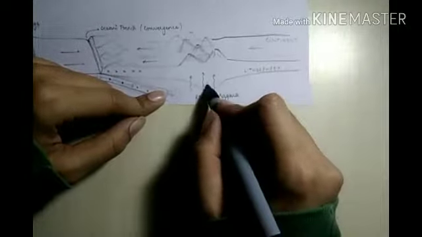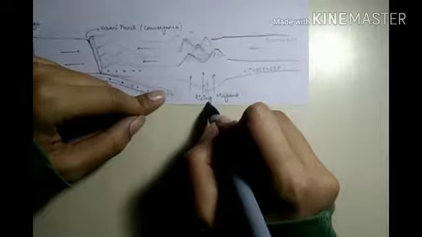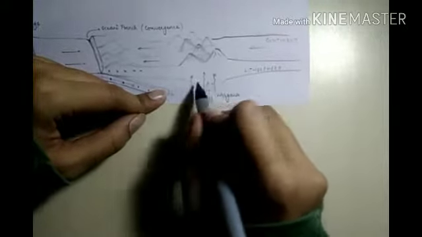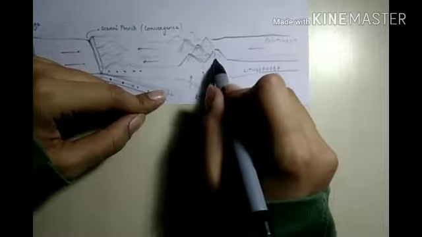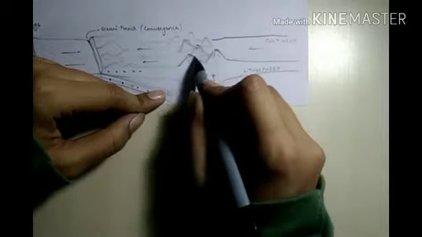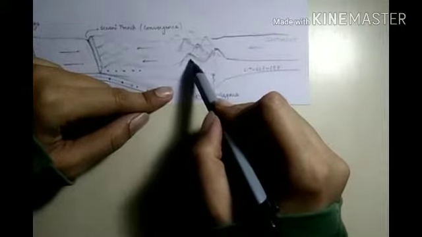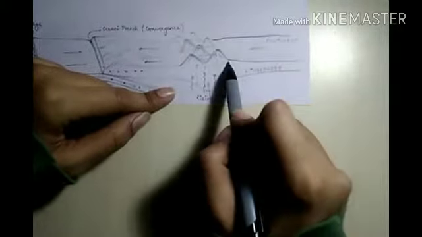The magma rises from the cracks, and when it rises it forms volcanoes. So these are active volcanoes and they are explosive too. So here we can see volcanoes.